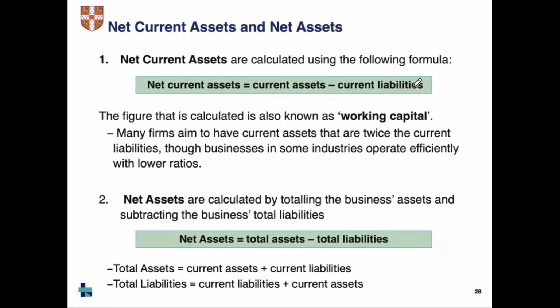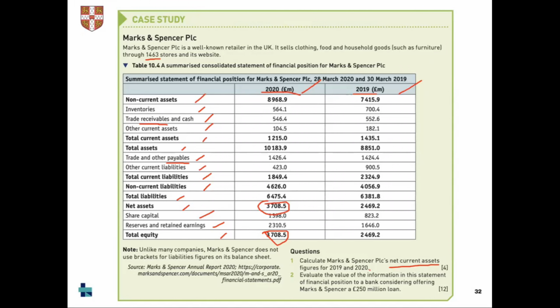So you may want to grab a calculator because you do the calculation and then we'll see whether you get the answer correct. Net current asset is equal to current assets minus current liability. So take this balance sheet, the statement of financial position, and calculate the net current assets for Marks and Spencer for 2019 and 2020.